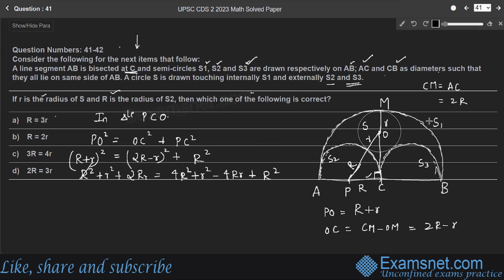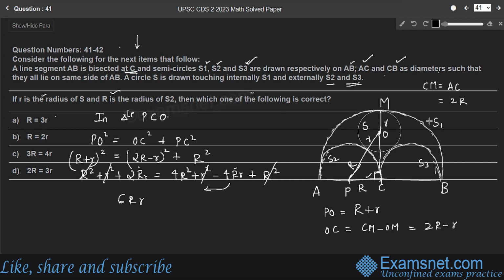So the r square will get cancelled. Here we have 2Rr and minus 4Rr. Take this to the left hand side, it becomes 6Rr. And R square will get cancelled, small r square and small r square.